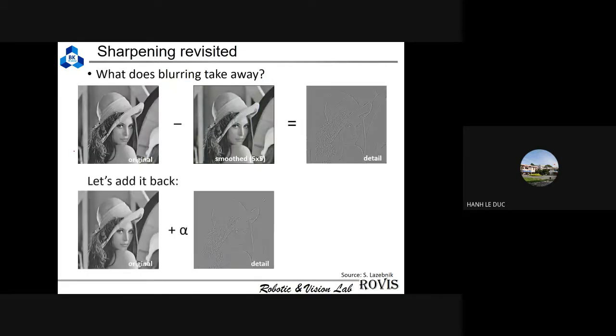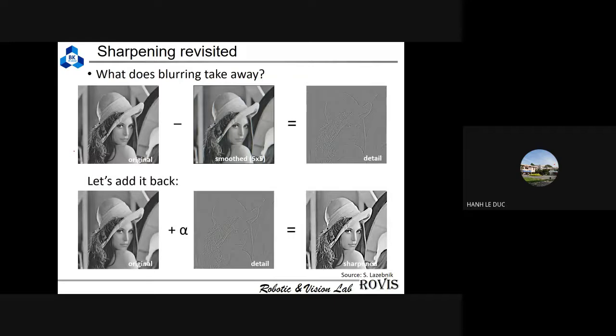Okay, and if we combine many filter algorithms, we will have another algorithm. Here we have the original one, and we blur or smooth the image. Then we subtract, and we have another image, which we call the detail image.